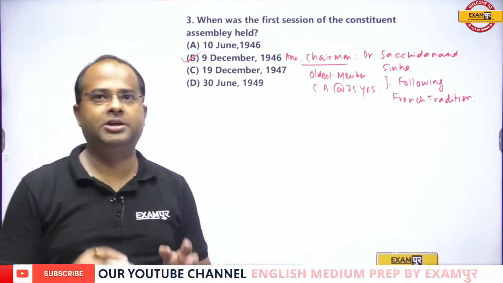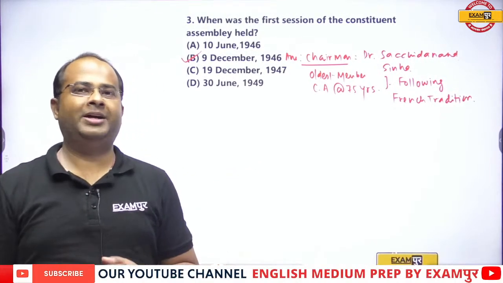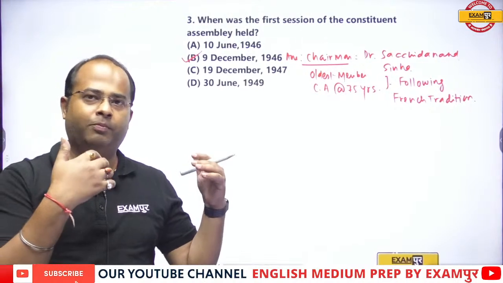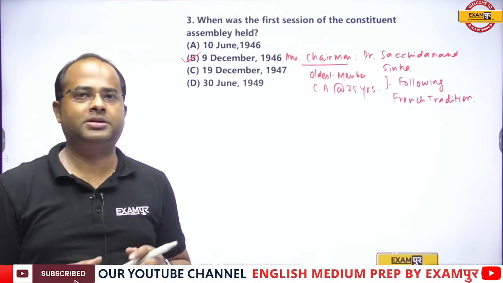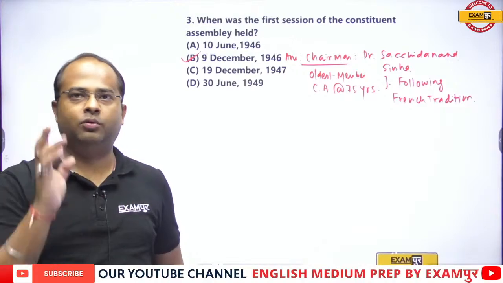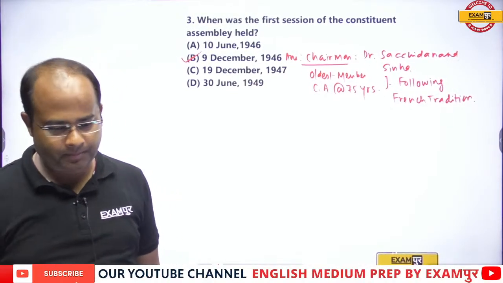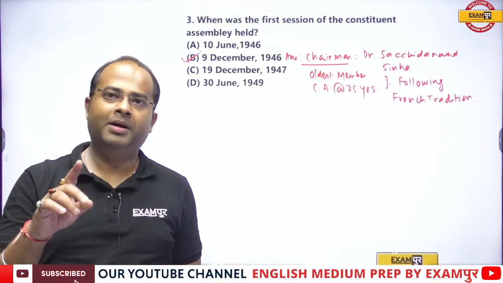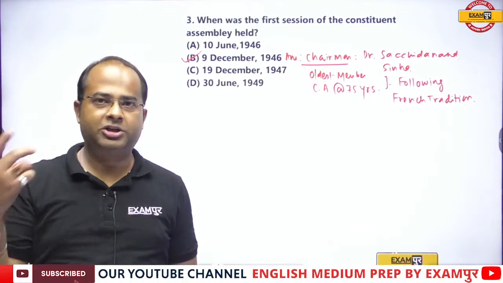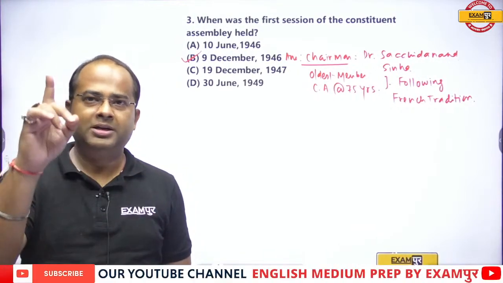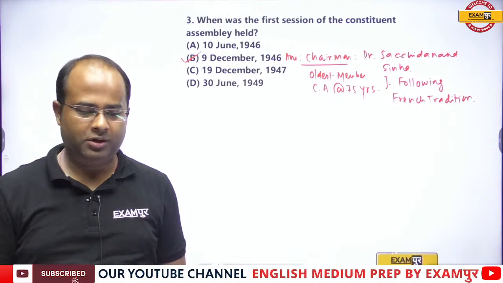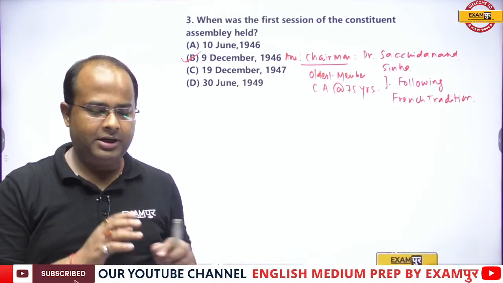So following the French tradition, the Constituent Assembly decided to make the oldest member, Dr. Sachidanand Sinha, the president or chairman of the first session. He became the chairman because he was the oldest person. 75 years of age was his age. I hope it is clear to everyone, guys.